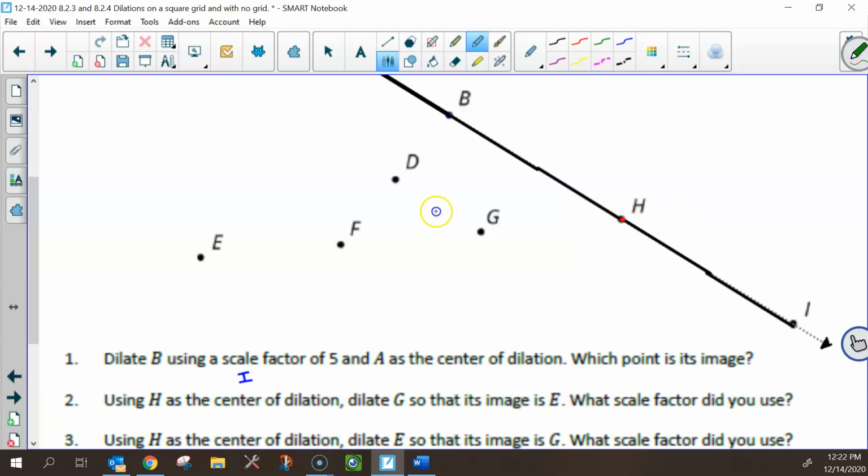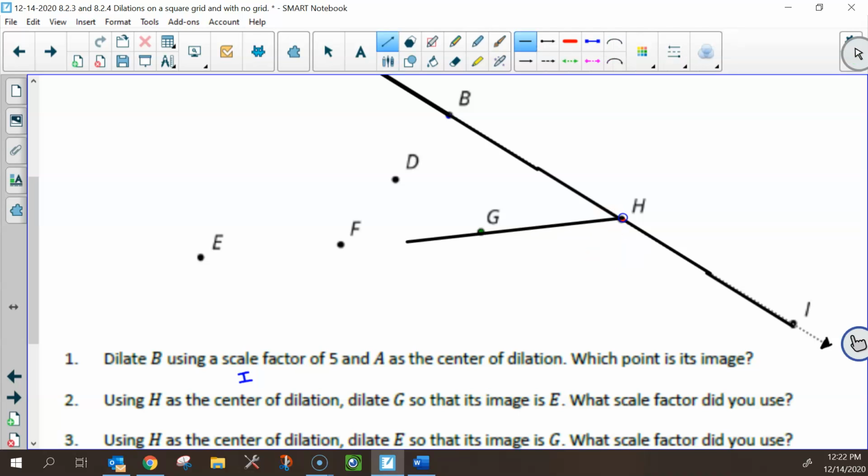G is the point in question. G is the one that we are trying to dilate. And we're dilating it so that it's E. So take a look at that. Once again, I'm going to set this up so I can see, look, there's the center, there's the point. Those are the possible points going on and on and on.